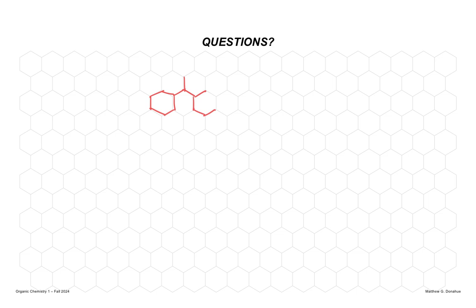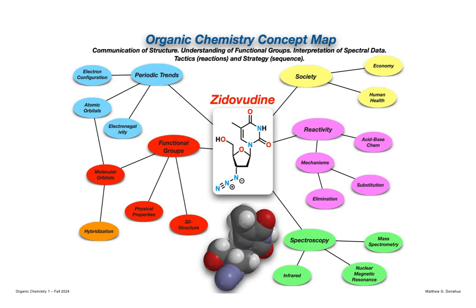So what is organic chemistry and why do I think it's important? On this slide, there is a molecule called zidovudine. And let me give you the bigger picture here. So this molecule is prescribed to people that have HIV or AIDS, and it helps them live healthier, productive, and longer lives.